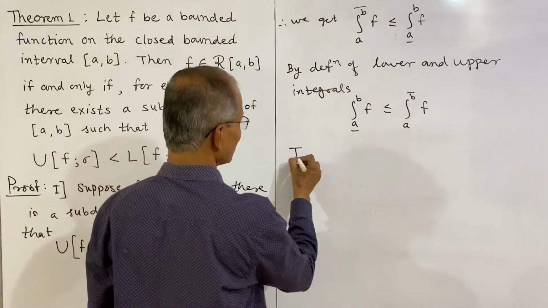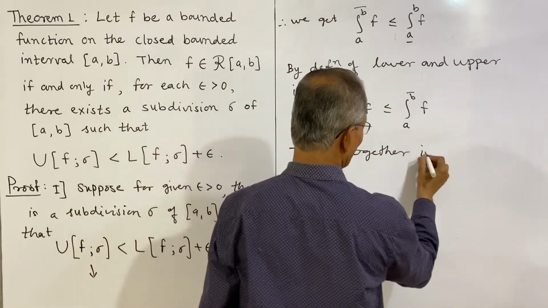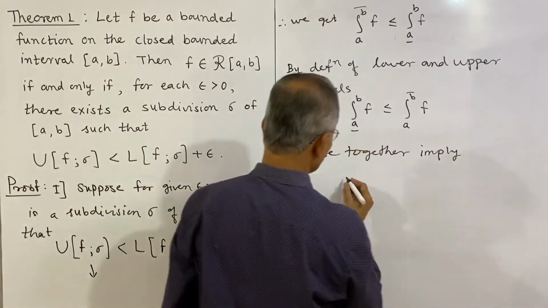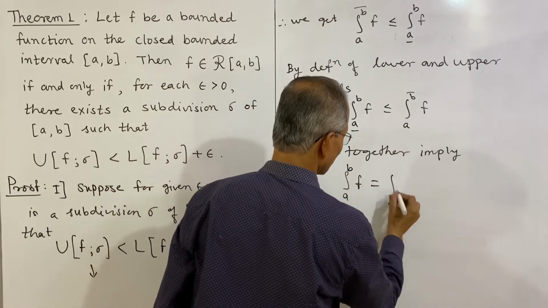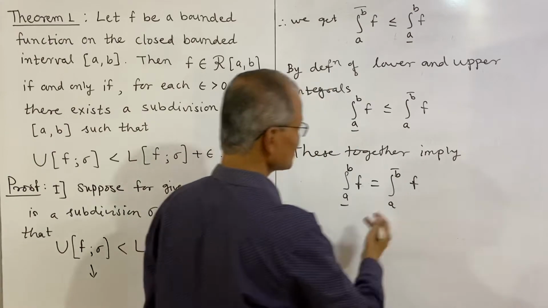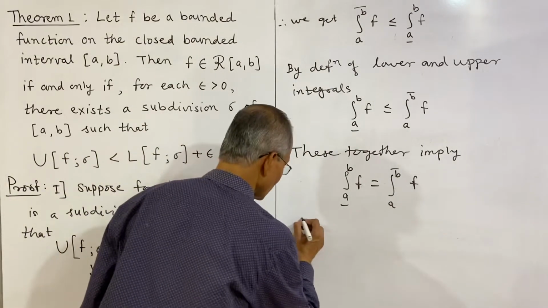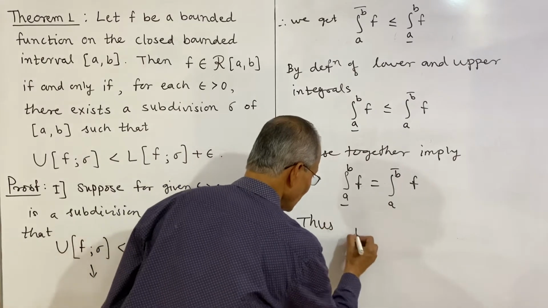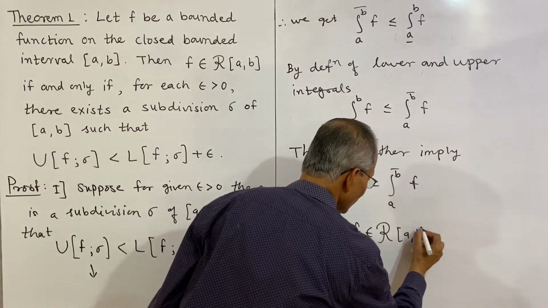So these together imply the lower integral is equal to the upper integral, and this shows that the function f is Riemann integrable. Hence, f is Riemann integrable over the closed bounded interval AB.